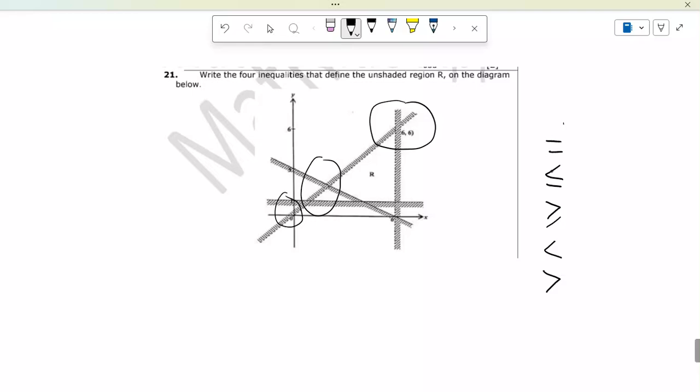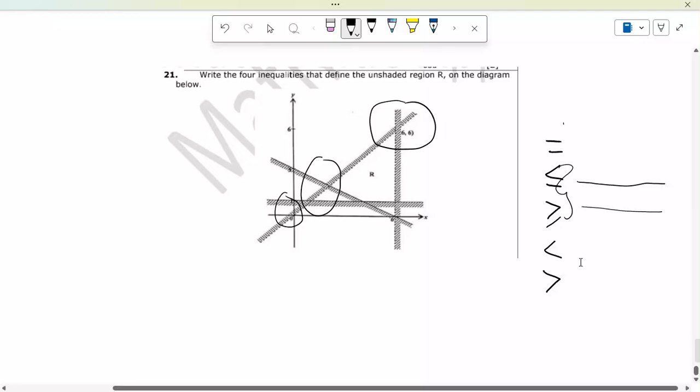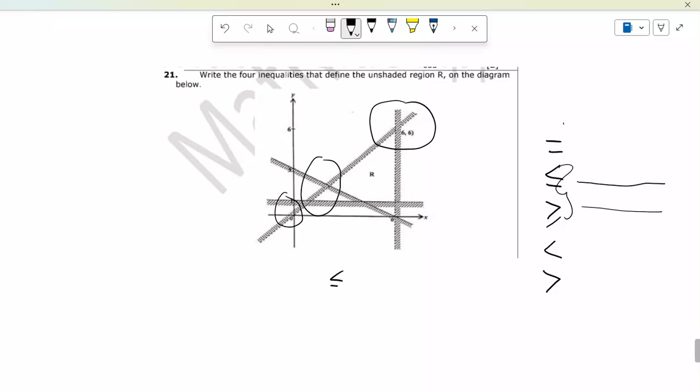So you need to know some basics about this. If a line is solid, for these two, we use a solid line. If you want to represent a less than or equal to, or a greater than or equal to, on an x or y plane plot, we just use a straight line.